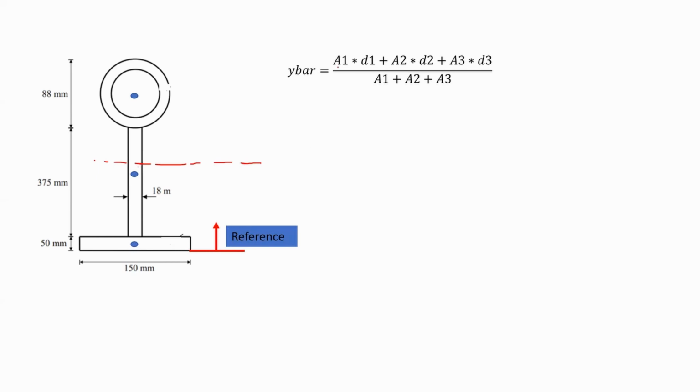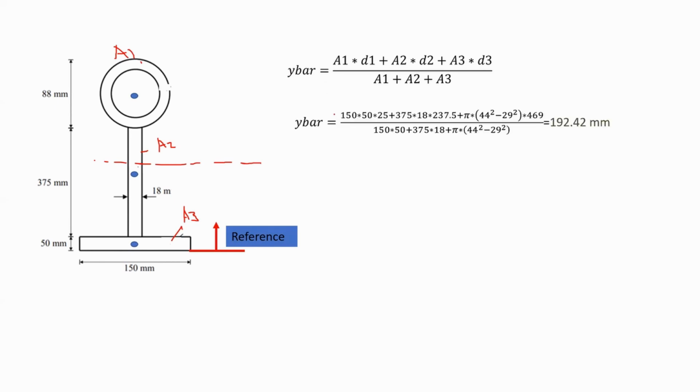So for Y bar, I'm considering that this is area 1, this part. The other part is area 2. And lastly, this part is area 3. I hope I did not confuse. Maybe it's opposite. Maybe this is A1, this is A2, and this is A3. Now, in order to find Y bar, from statics, this is very basic, but it's long to calculate. Actually, I confused: this is A1, this is A3.